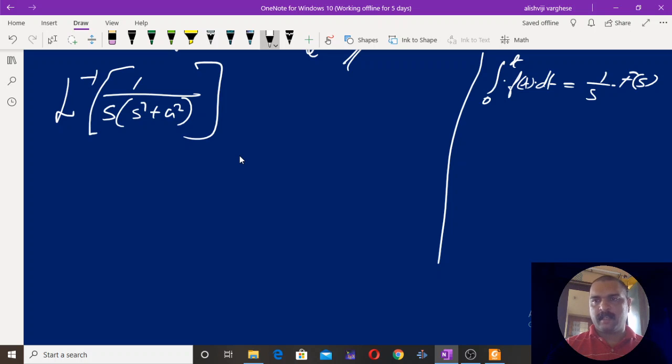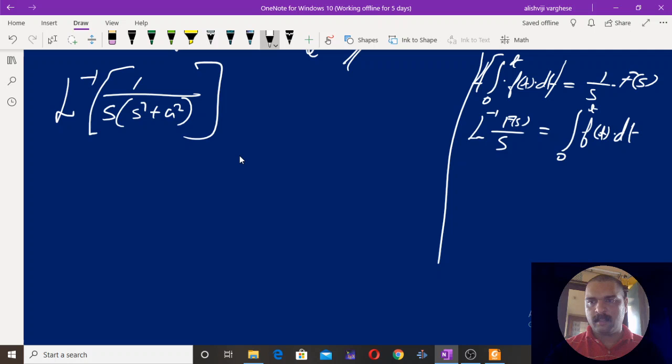Laplace transform of integral is 1 by s into F of s.